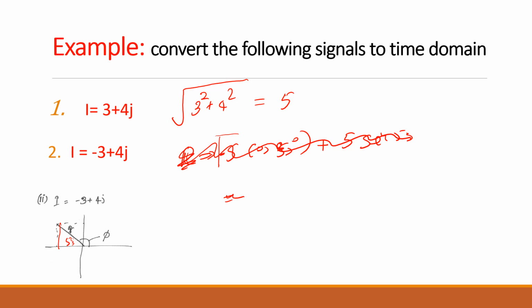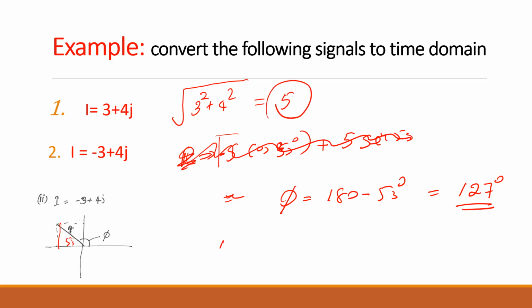What is your angle? It should be 180 minus 53 degrees. What did you get? 127, right? Yes, 127, and your R is this.